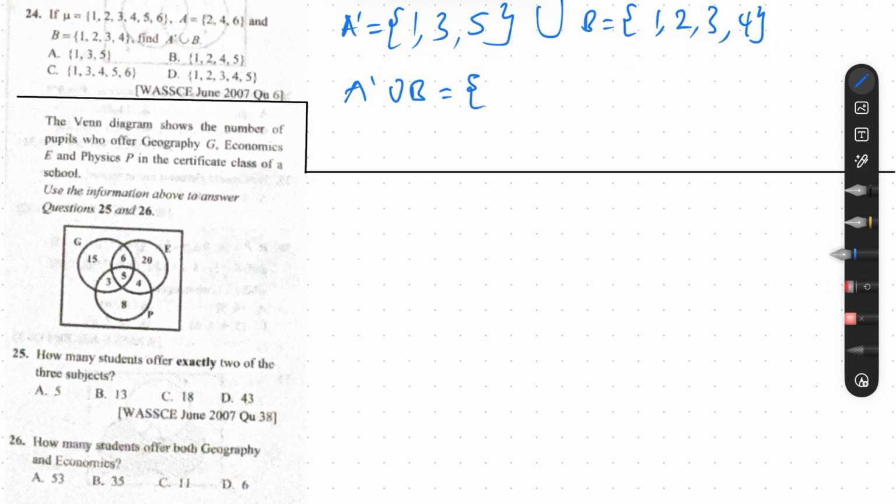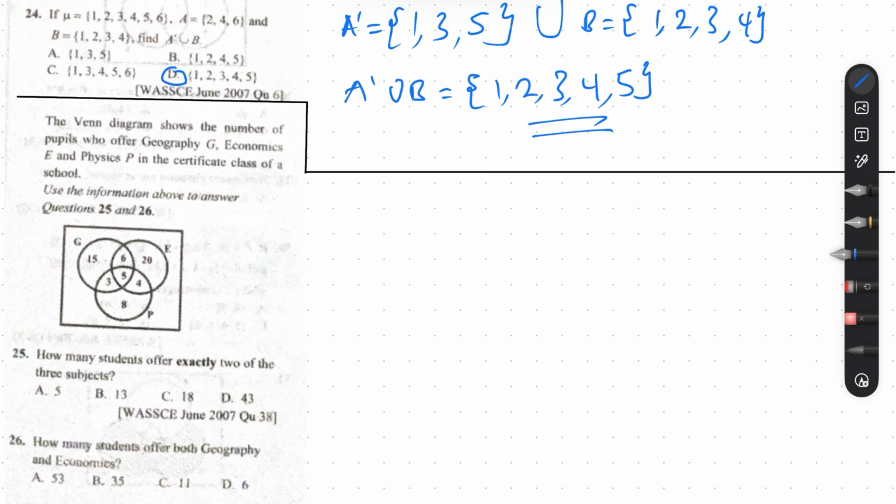So let's start. We have 1, then 2, then 3, then 4, then 5. That's the end of our set. Let's see if we have it here: 1, 2, 3, 4, 5. Yes, so the answer is D.